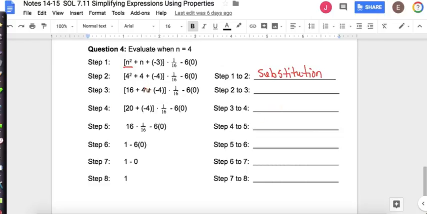Now from step 2 to step 3, I notice that I have a grouping symbol here, and inside the grouping symbol I notice exponents, so they did 4 squared next, and replaced it with a 16, so that's substitution, because the 16 is replacing the 4 squared.